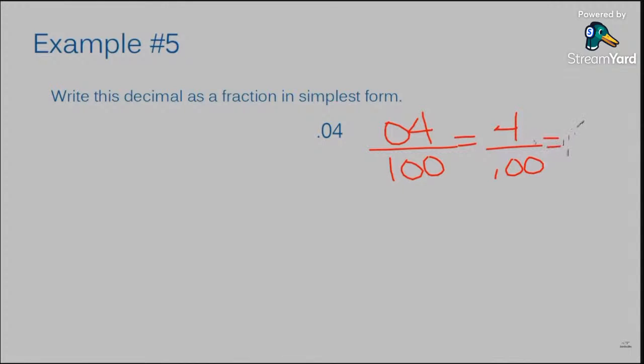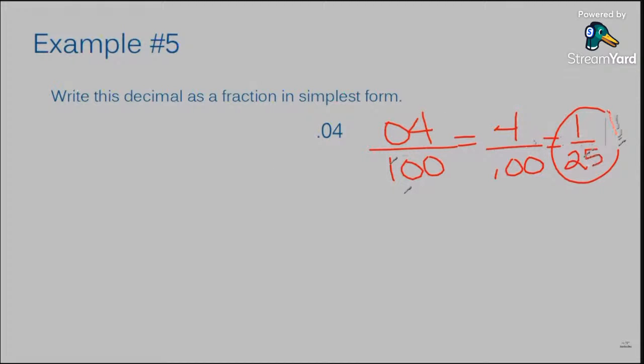So I'm going to divide by 4. 4 divided by 4 is 1. 100 divided by 4 is 25. So this is our simplest form. I cannot divide this numerator or denominator by anything smaller than the 1. There's nothing else that goes into these numbers equally. So 1/25 is the simplest form of 4 over 100.